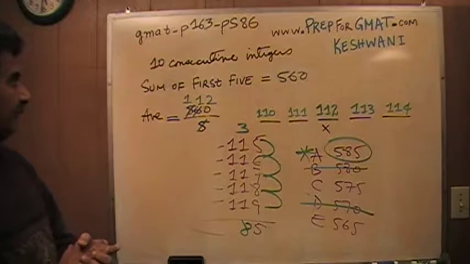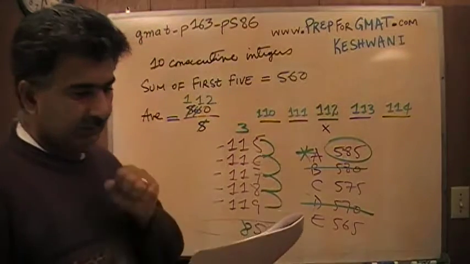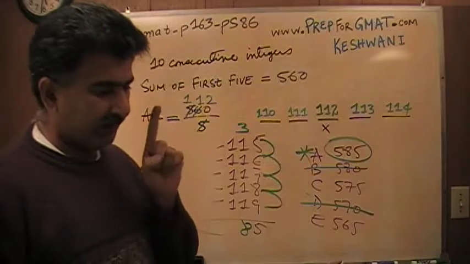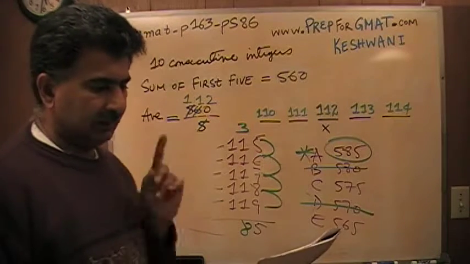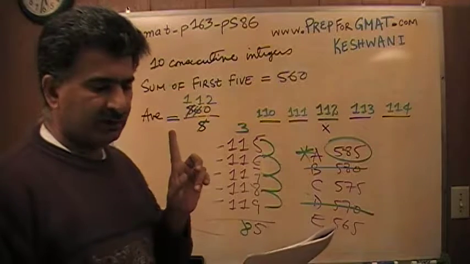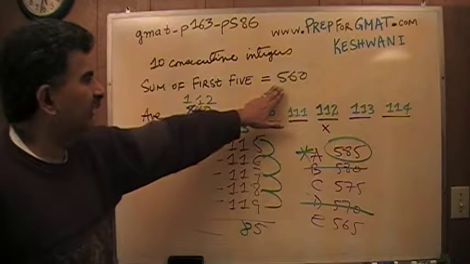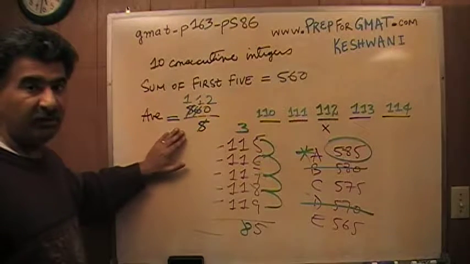So how do you solve it? One more time, very quickly. We know that these are an increasing sequence of 10 consecutive integers. That's the important part. They're consecutive, which means they're equally spaced one after the other. We are told that the sum of the first 5 is 560. So the very first thing I did was divide 560 by 5 to find the average of these 5 numbers.